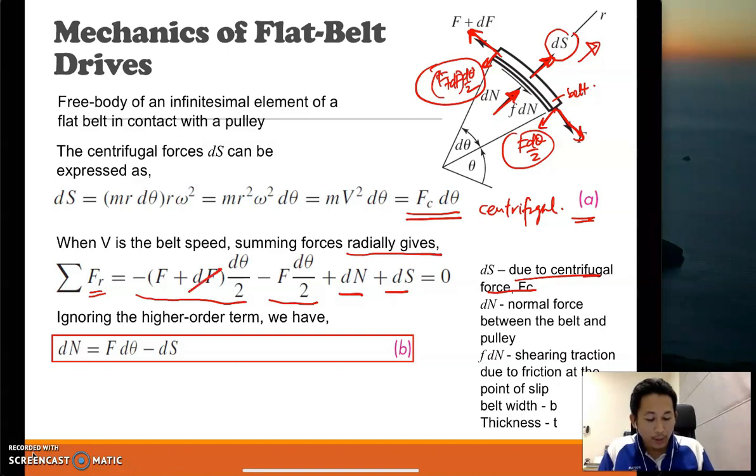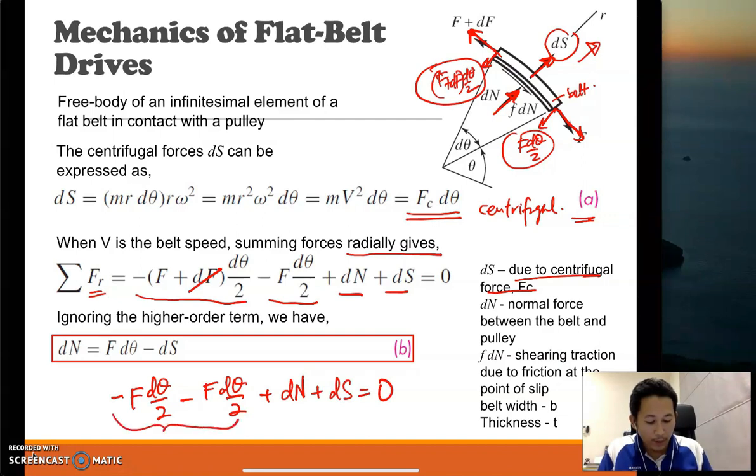So we have negative F d theta over 2 minus F d theta over 2 plus dN plus dS equals 0. This equals negative F d theta. From that, dN equals F d theta minus dS. So that is equation B.